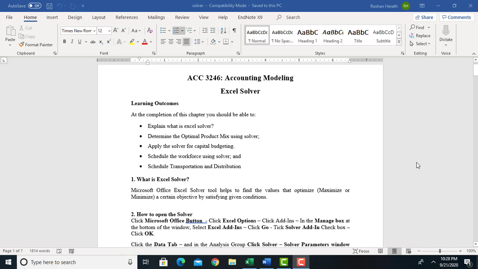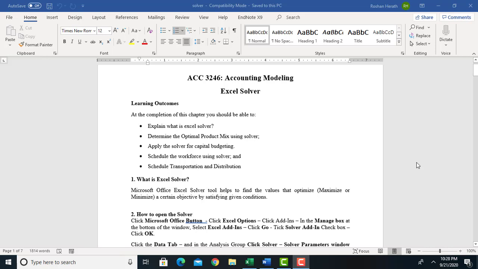Say it's material, say it's labor, these resources are limited. Then in the presence of these limited resources, how would an organization determine an optimum product mix in order to maximize the profit?